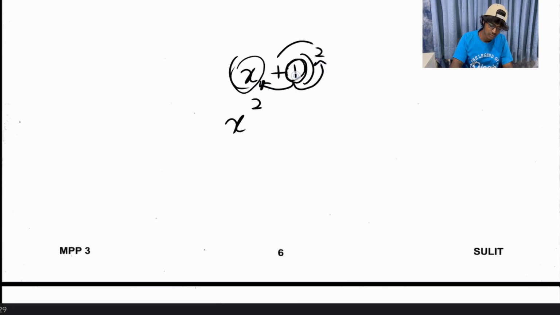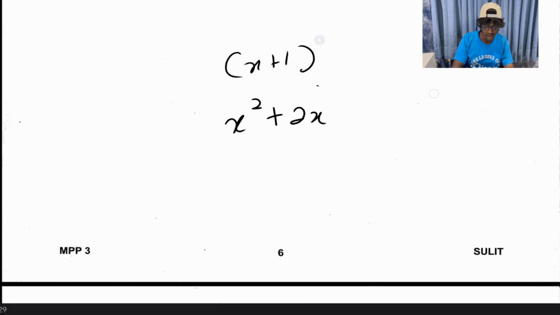So 1 times x, x times 2 is 2x, so plus 2x. And why I say plus 2x, because you need to remember whatever is here. Okay, so how about the last part? For the last part, whatever is at the end of the bracket, you just kuasa 2. So 1 kuasa 2 is 1.